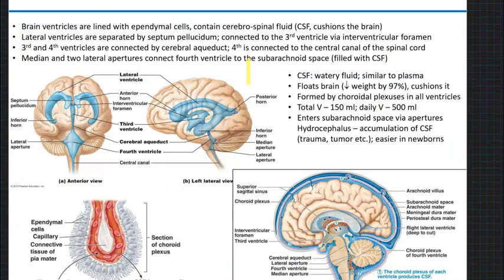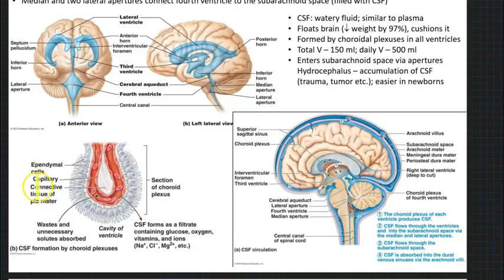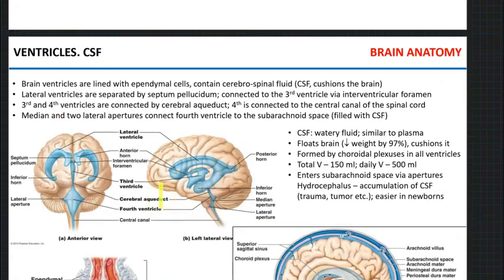So the brain is pretty squishy, and it has to be protected by some kind of a cushion, let's call it an insulation. So the cushioning role is taken up by the cerebrospinal fluid.